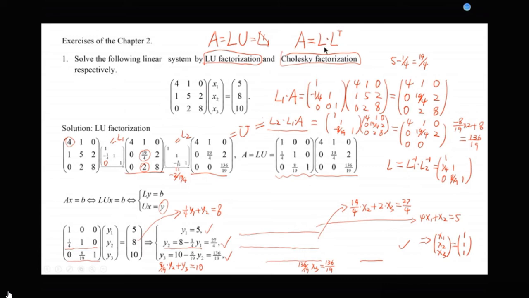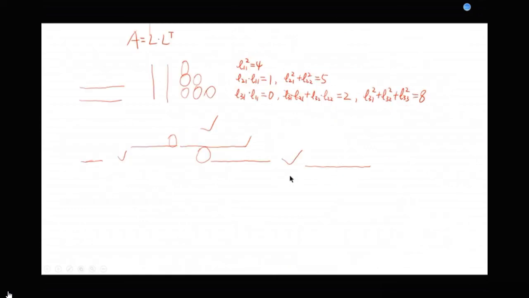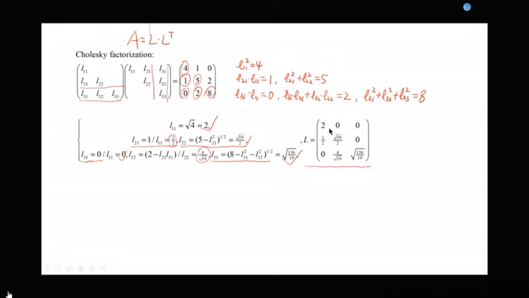But for Cholesky factorization, L is a lower triangular matrix, but its diagonal elements are not 1. So here it is by square root, okay? Now you see square root here, square root here. So this is the difference.